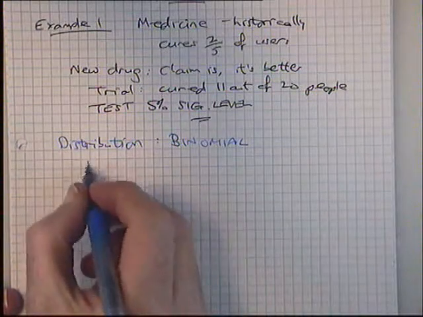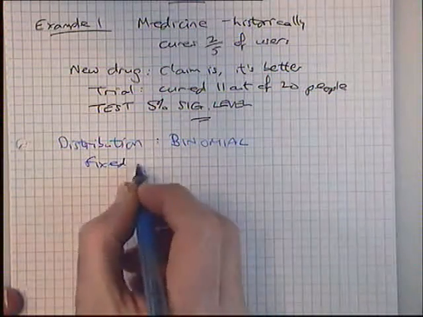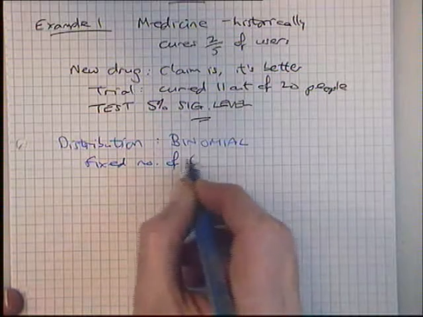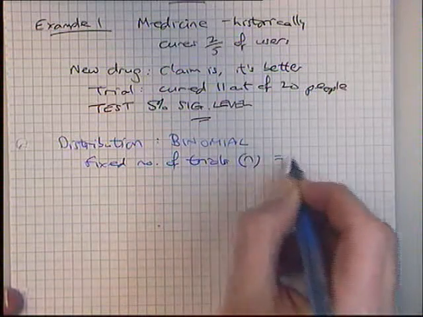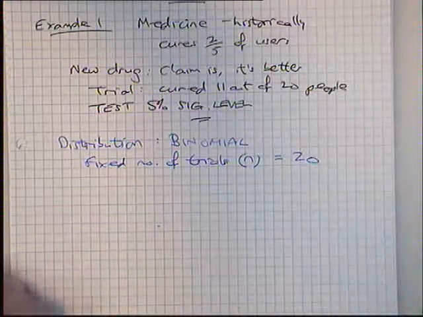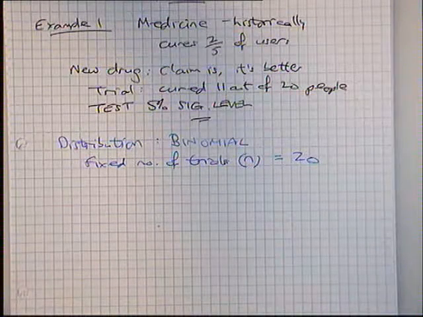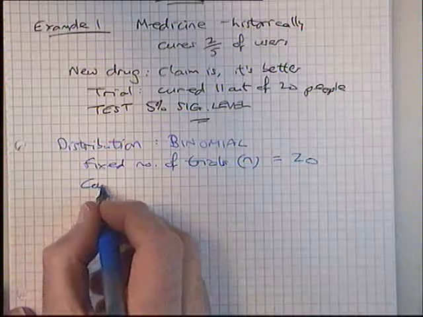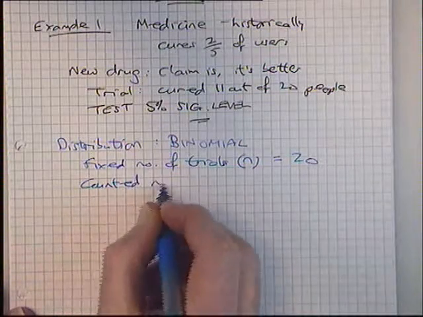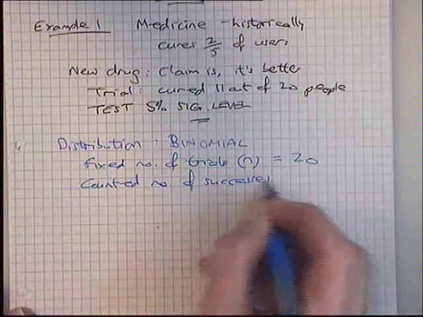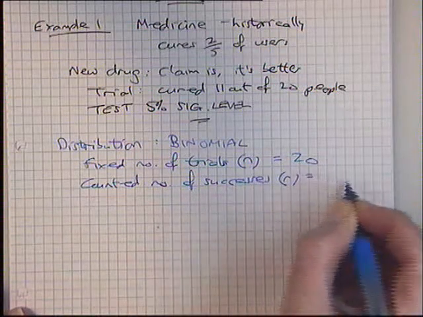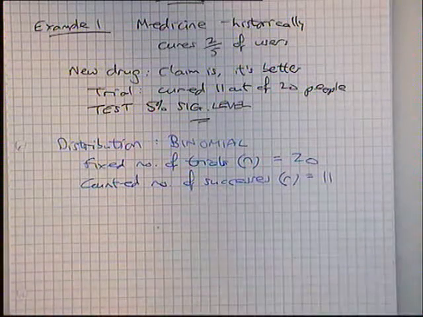Yeah, okay. First of all, we had a fixed number of trials, which in the binomial we call n, and that was here 20. We tried it on 20 people. And then what we have done is we have counted the number of successes, which we usually call R, and that was found to be 11.